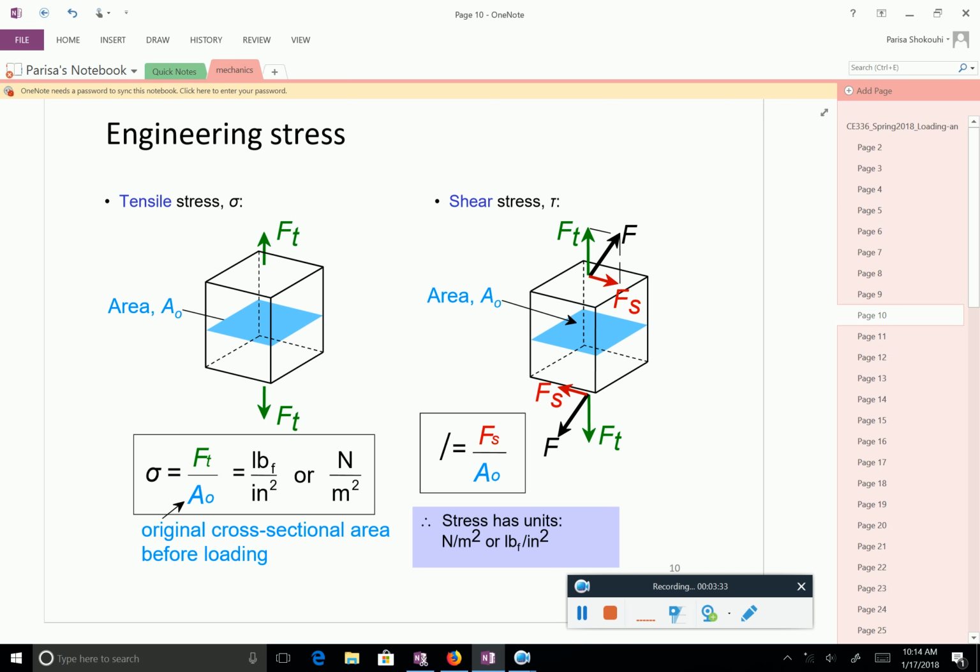Let's first focus on normal force. If you want to calculate the stress, I hope you remember from mechanics of materials that you have to divide the force, in this case, by the area that the force is being applied to. And since we have, let's say here, tensile, it can also be compressive.